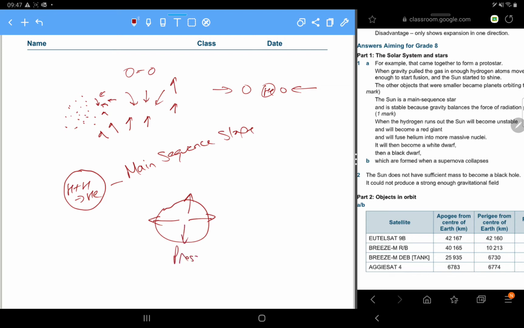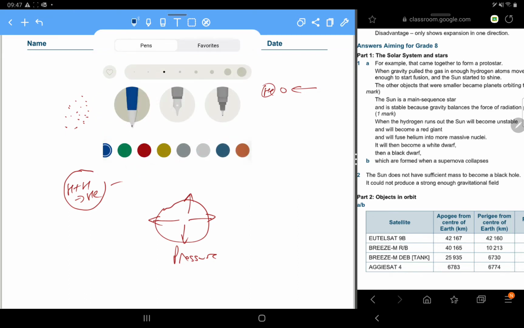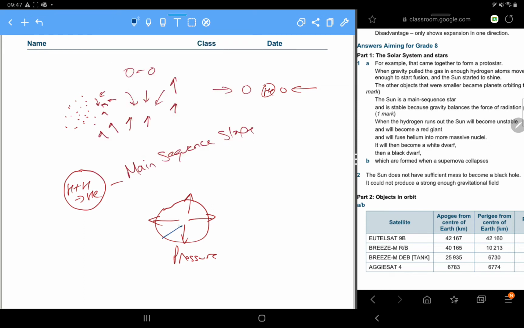That's pressure. But the mass of the star is pulling inwards with gravity. And the beauty about this is in the main sequence stage, these two forces are balanced. Gravity and pressure, each trying to win, but neither the lesser.